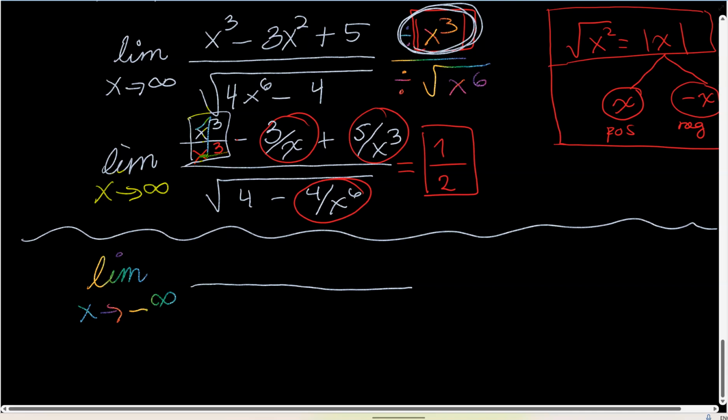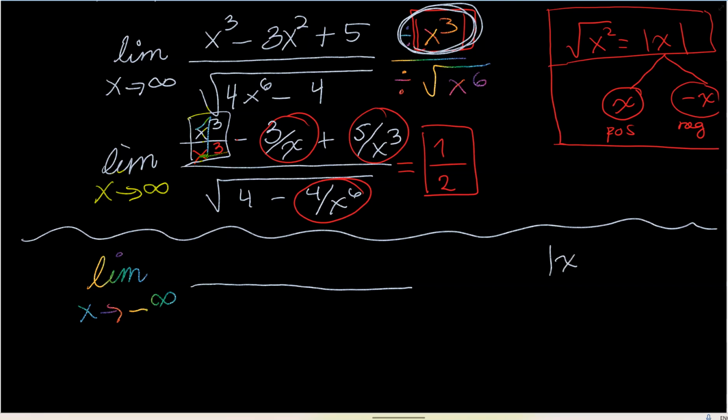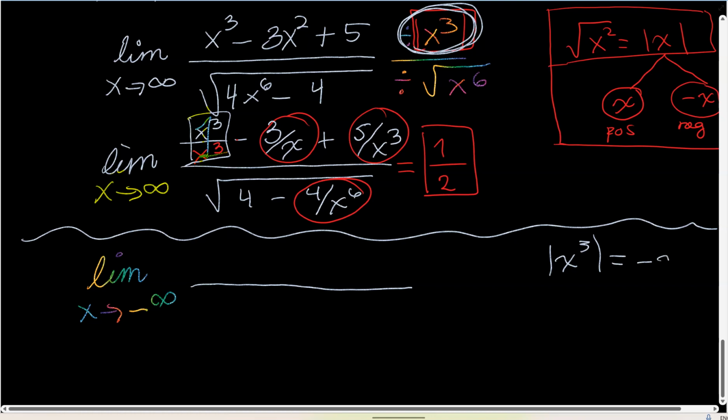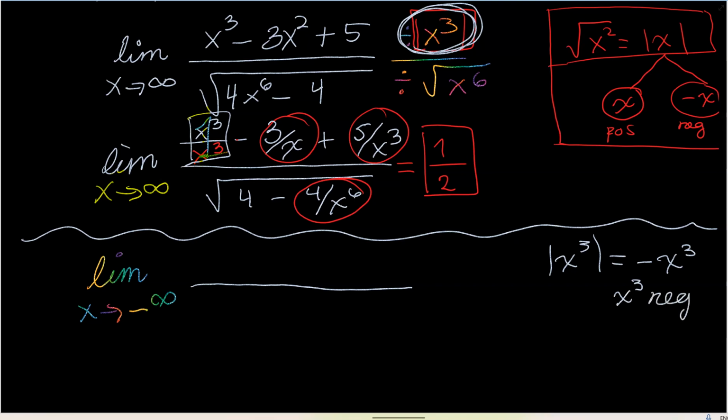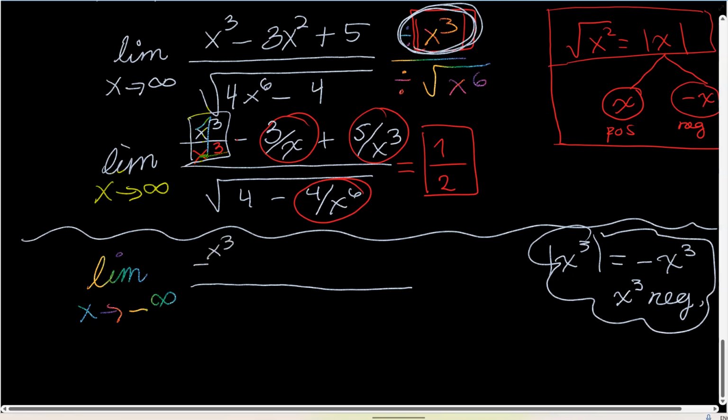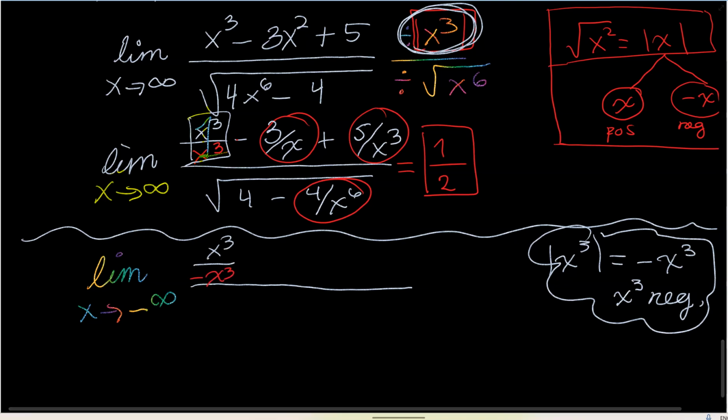So here, the absolute value of x to the third is going to equal its opposite, because x to the third is a negative number. So when you divide, you really do have x to the third divided by negative x to the third. That is going to give you negative 1 right there on the numerator.